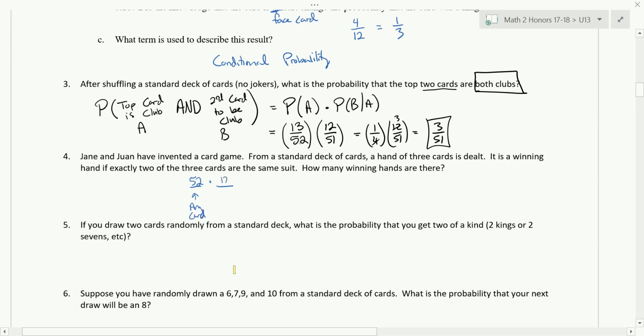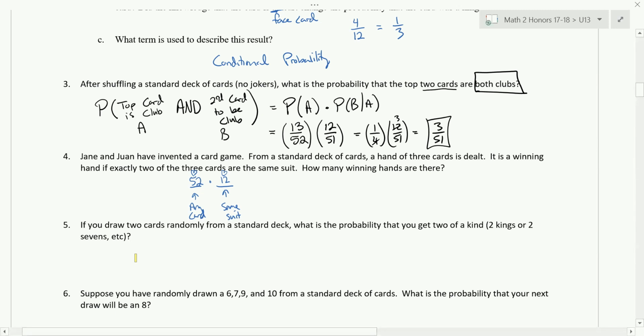Okay, so 12 because we want it to match the suit, so same suit. Does that make sense to you guys? So say he picked a heart. Well, how many more hearts are there? So he needs to match the same suit. So he wants his first 2 cards to match the suit, right?